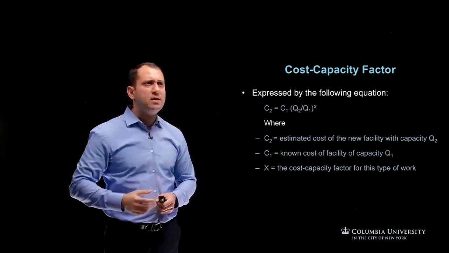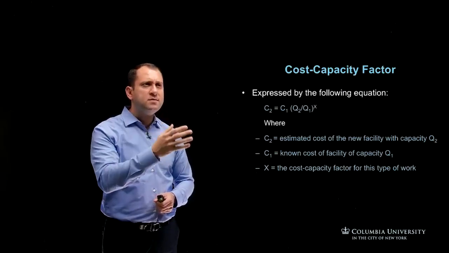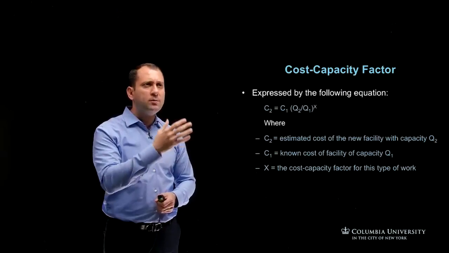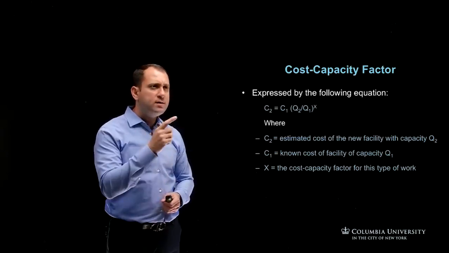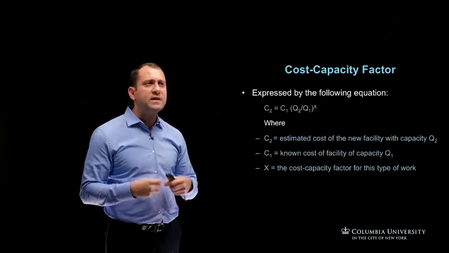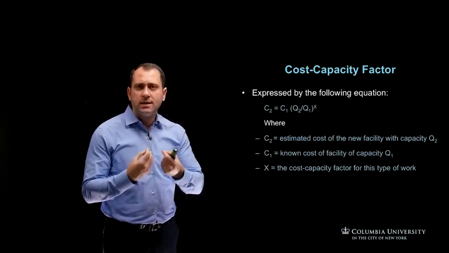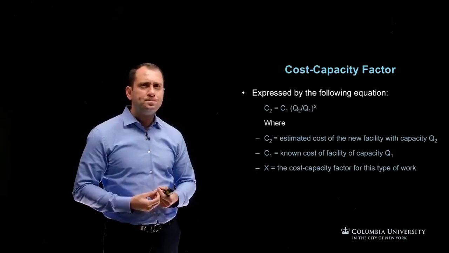It's expressed by the following: C2 equal to C1 times Q2 over Q1, all to the power of X, where C2 is the estimated cost of the new facility that we want to build with its new capacity, Q2.